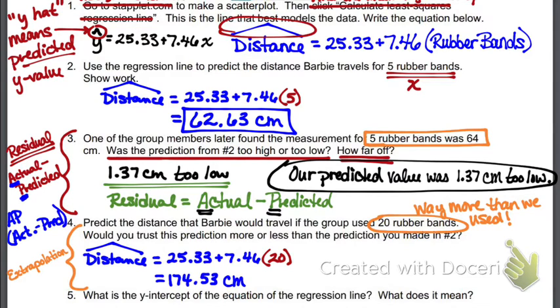But if I start getting further and further away from my data, if every single value from my prediction is off by 1.5 centimeters, as I get out to 20 centimeters, that's going to compound that error, and it's not going to be as accurate as when I'm working within this smaller data set here. So we want to be careful about extrapolation.